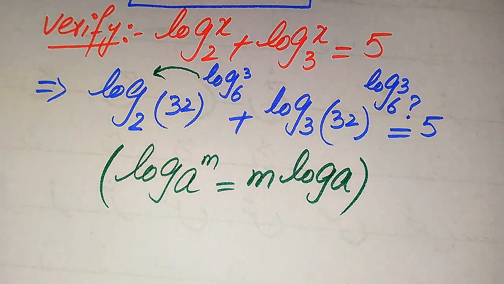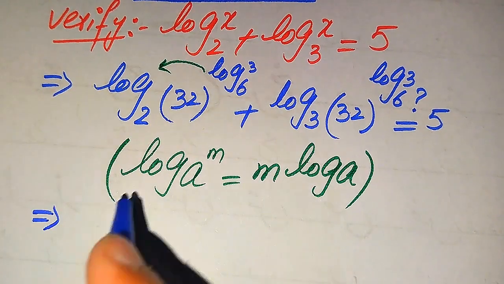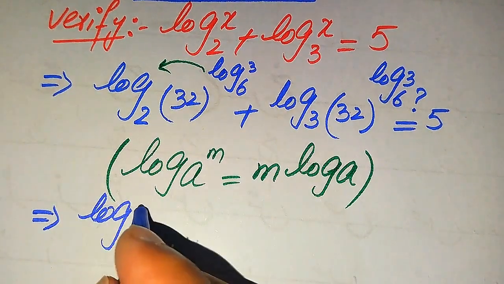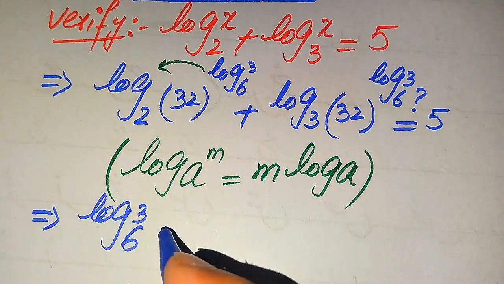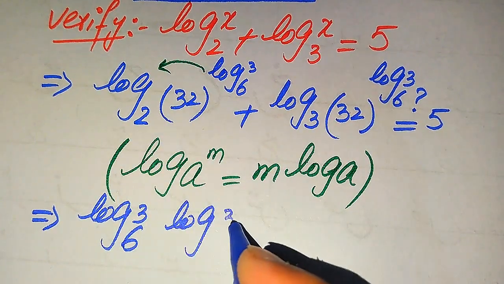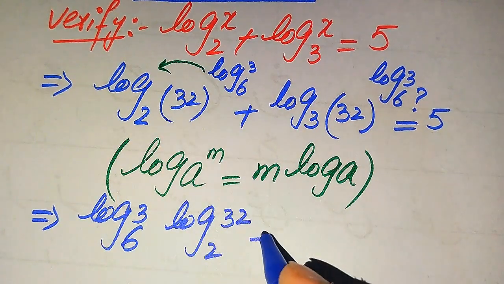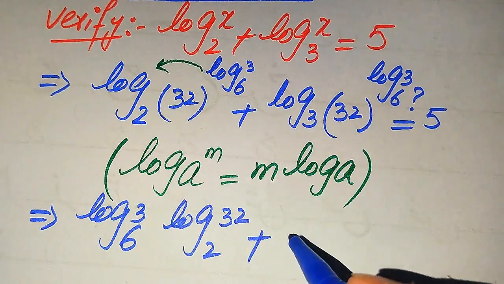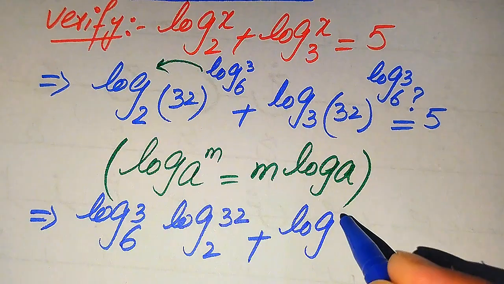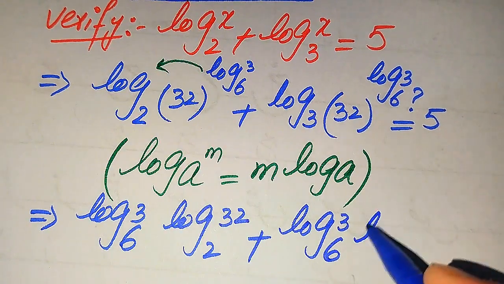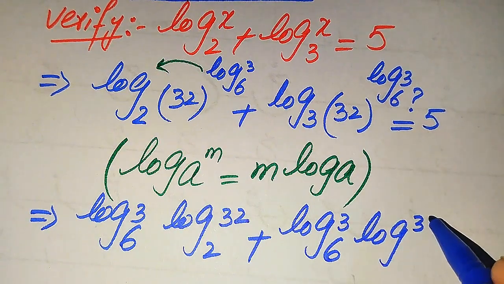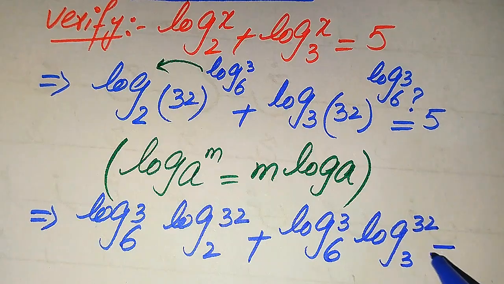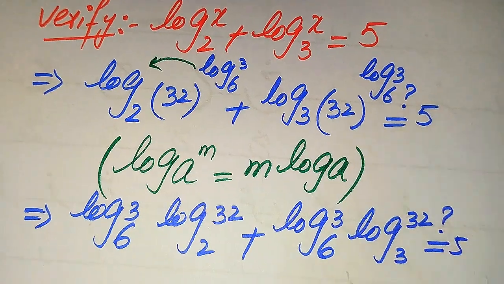So after moving this exponent in front of this log, this will become log of 3 with base 6 into, here we will get log of 32 with base 2 plus, in the same pattern we again move this exponent in front of this log, and it will become log of 3 with base 6 into log of 32 with base 3, and we check whether this equals 5 or not.